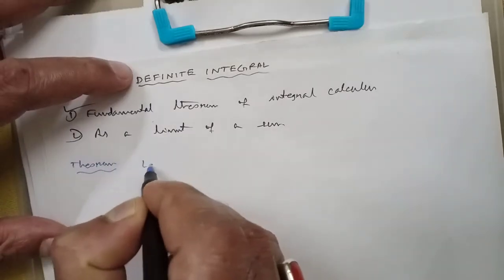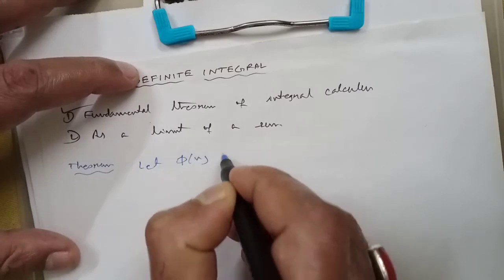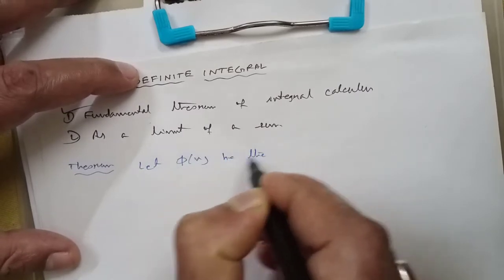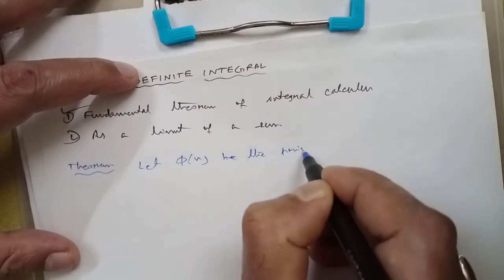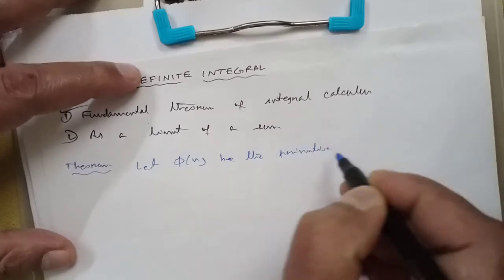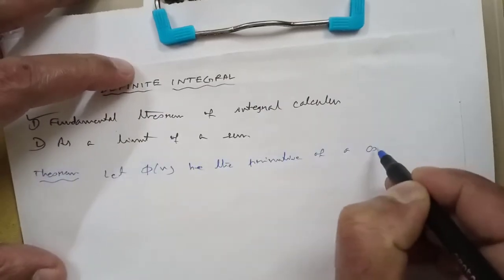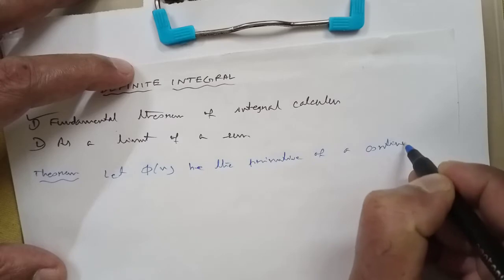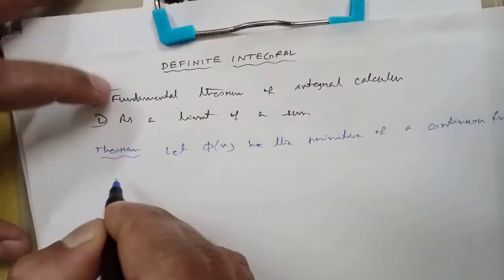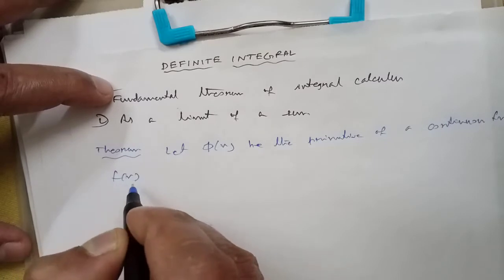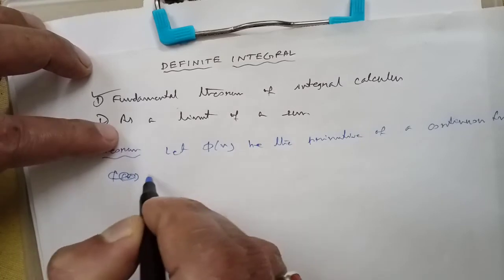Let phi x be the primitive of a continuous function f.